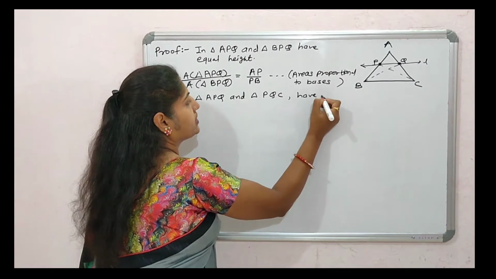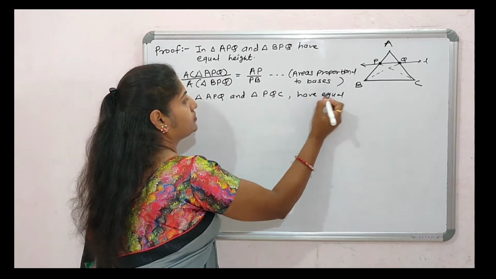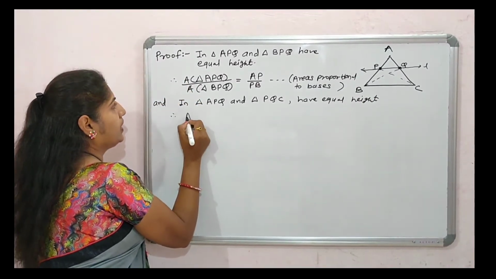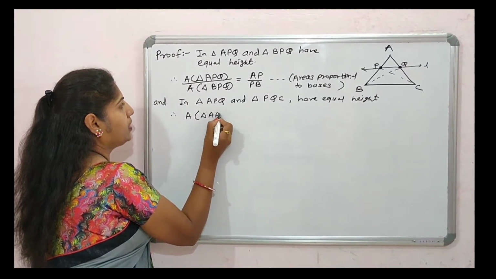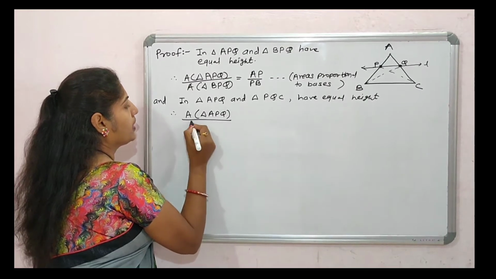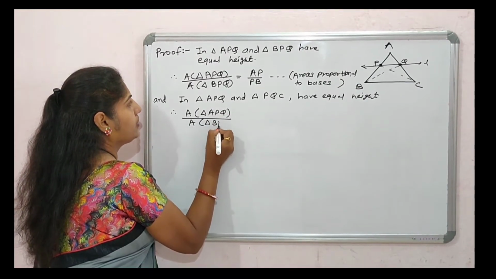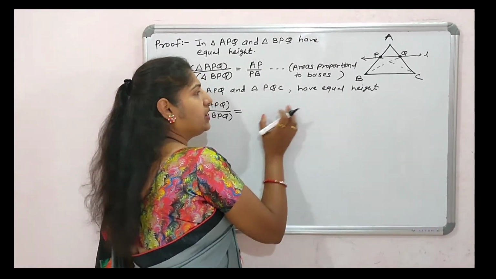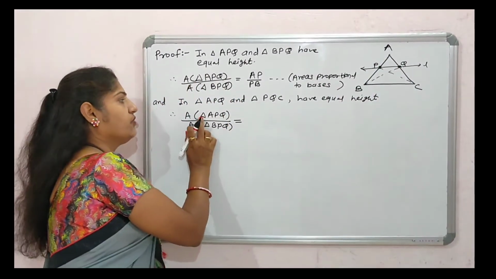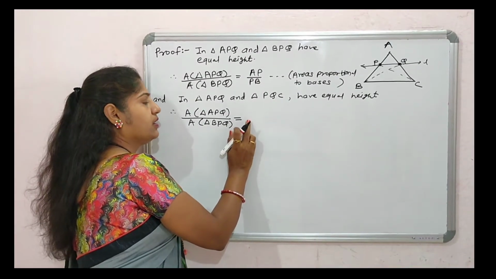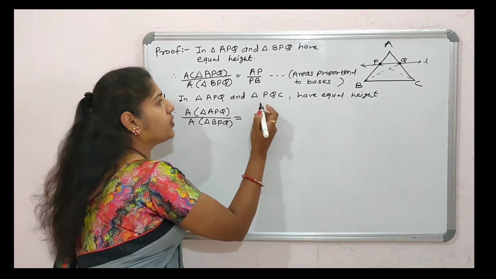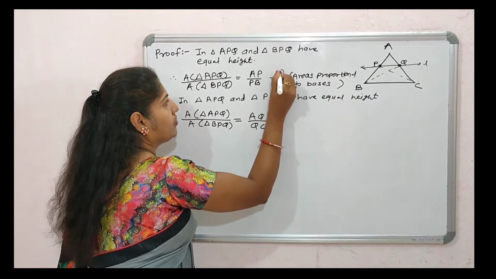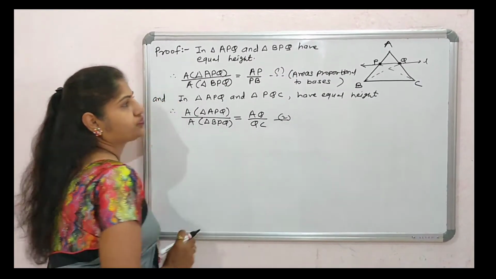So the ratio of the areas of the two triangles is equal to the ratio of their corresponding bases, that is AQ upon QC. This is number 1 and this is number 2.